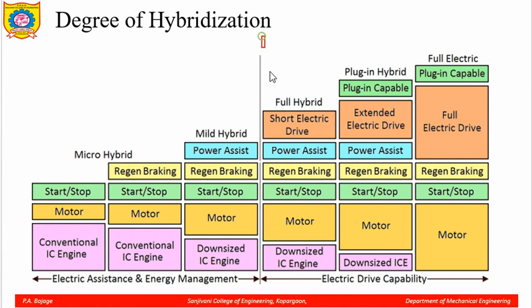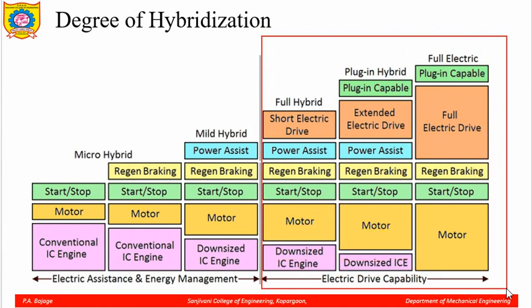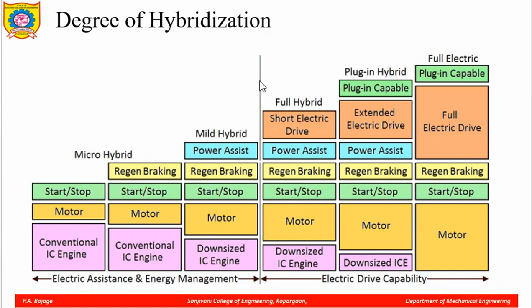Then you can see this category, you have the electric drive capability, means it is not just assisting the IC engine, but it is actually driving the vehicle. So the major role is done by the battery and the motor. So in full hybrid, you have a downsized engine, a powerful motor.